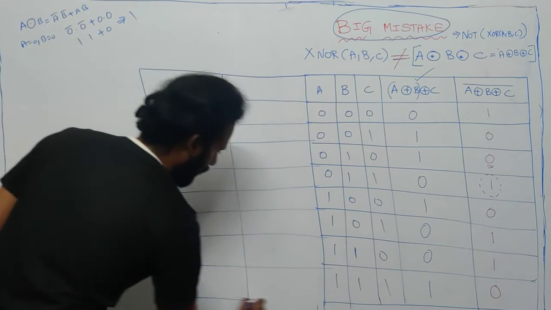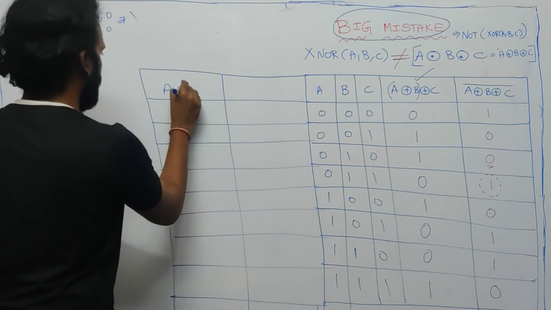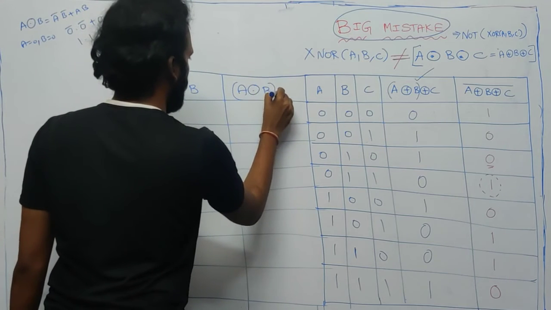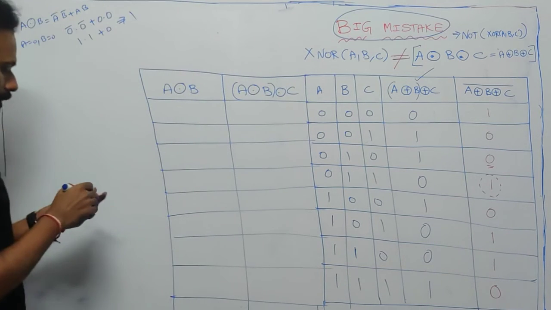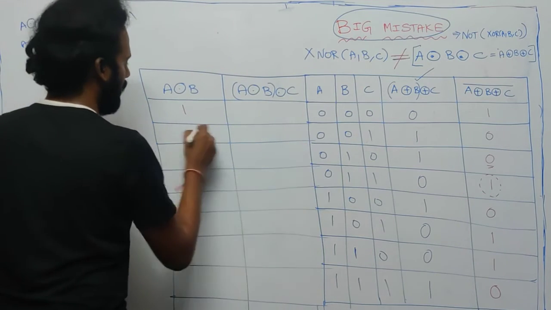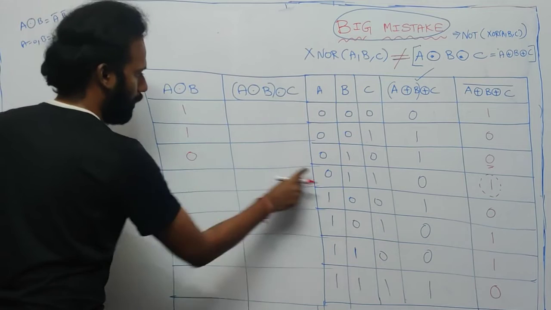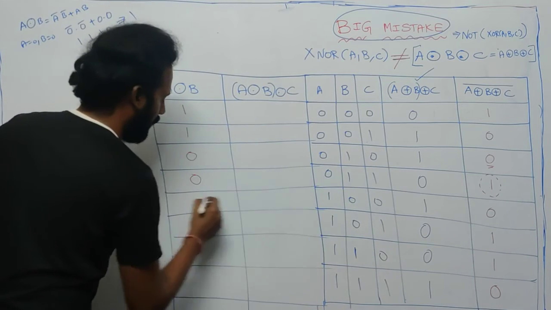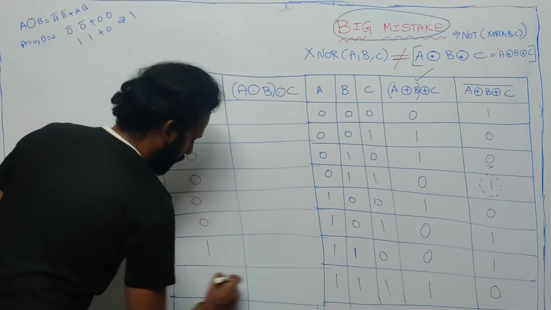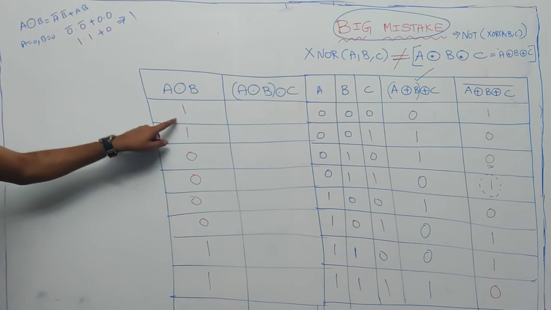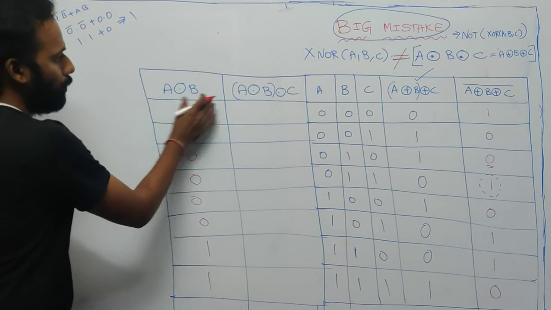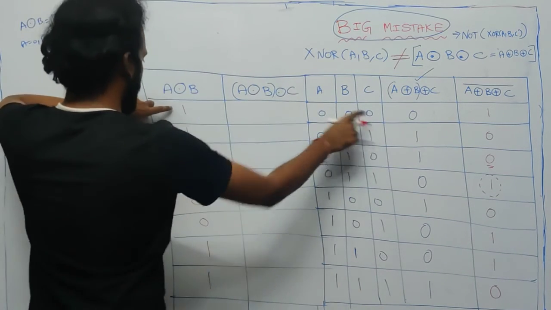So let me calculate A XNOR B. Then let me calculate A XNOR B, XNOR C. Now both are the same, so 1. Both are the same, so 1. Different, 0. Different, 0. Different, 0. Different, 0. Same, 1. Same, 1. Done. 8 combinations, right? 1, 2, 3, 4, 5, 6, 7, 8. Now this you should do with C. C is here.